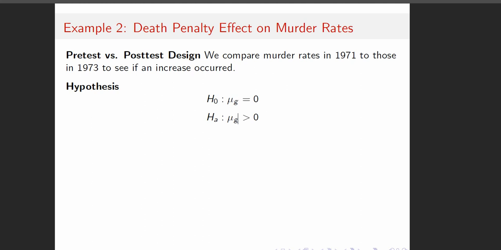Why? Well, the notebook explains that there was a Supreme Court case in 1972 that outlawed, yes, outlawed the use of the death penalty in all 50 states. So the U.S. Supreme Court said no more death penalty. Now, they didn't say it could never be used.